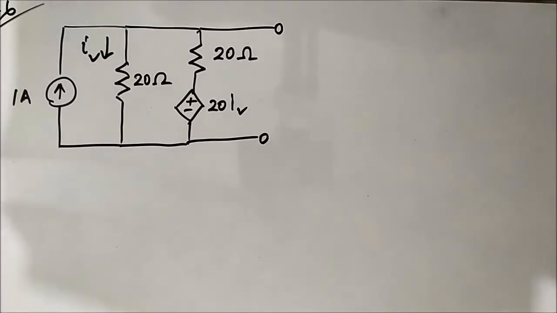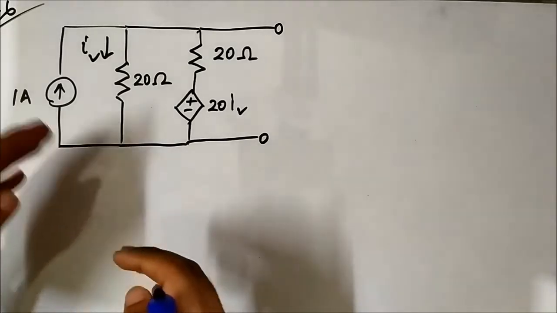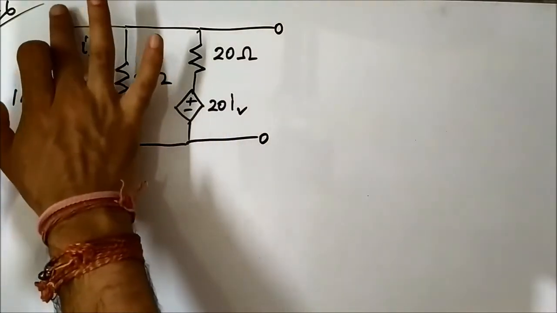So we have calculated the VTH part. Now we will calculate the Thevenin resistance RTH. For calculation of RTH, as there is an independent source present, we have to deactivate it.